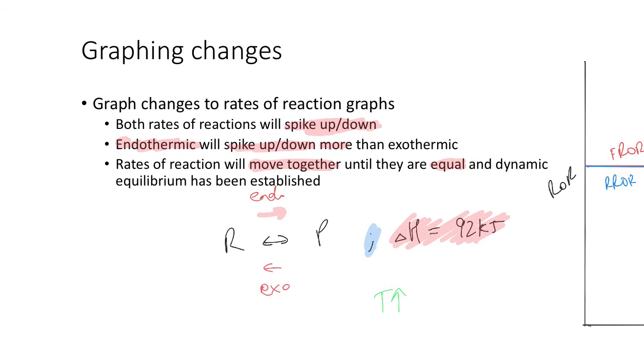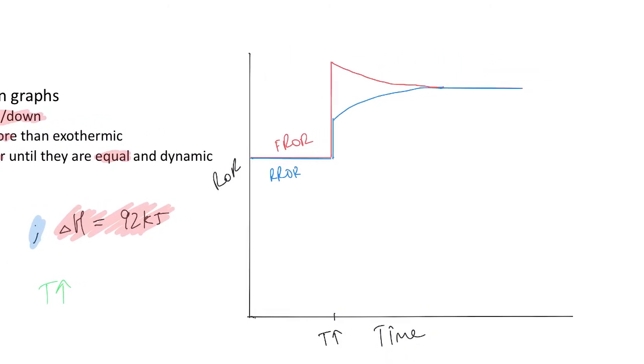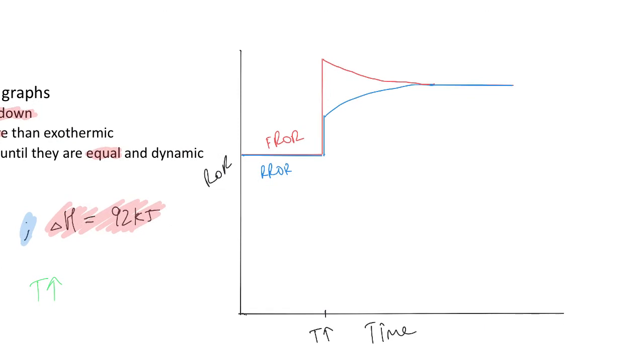Okay, so knowing that, we can think about how that will look on a rate of reaction graph. Because they start at the same rate, this is a rate of reaction graph, because remember, concentration graphs don't need to do that. Then you see that at some time the temperature increases, which causes both rates of reaction to spike up.